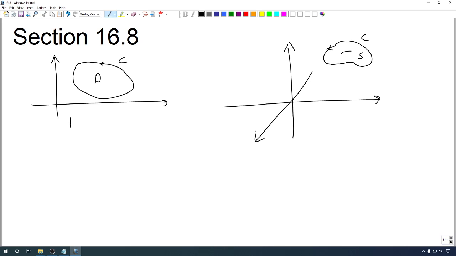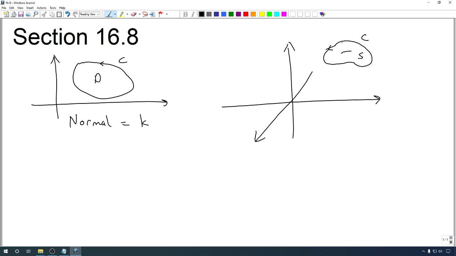Basically, we take our normal to just be k, where k is our third dimension sticking out of the xy plane, and that is always perpendicular to this region D.